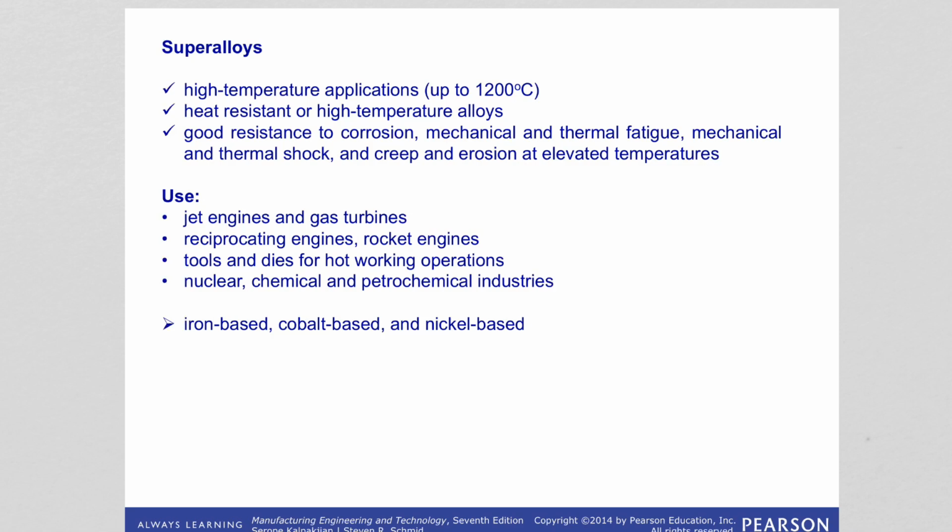When we say superalloys, these are important in high temperature applications. That's why they are also called heat resistant or high temperature alloys. They usually can withstand up to 1200 degrees C. They have good resistance to corrosion, mechanical and thermal fatigue, mechanical and thermal shock, creep and erosion at elevated temperatures.